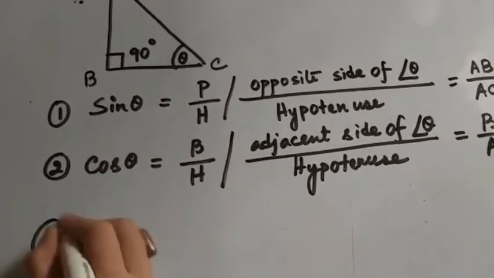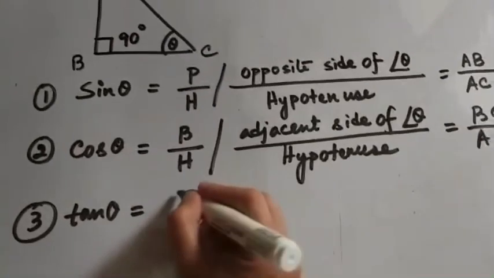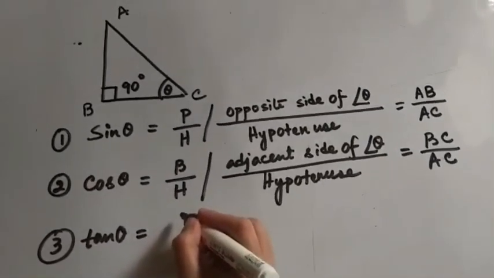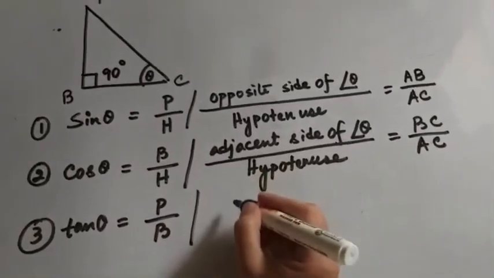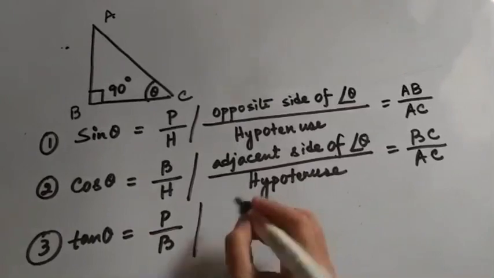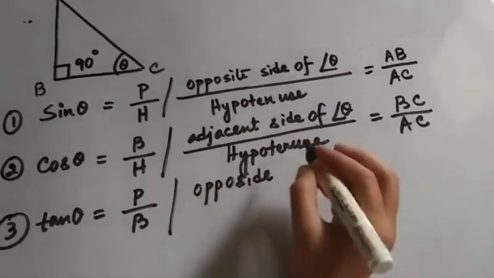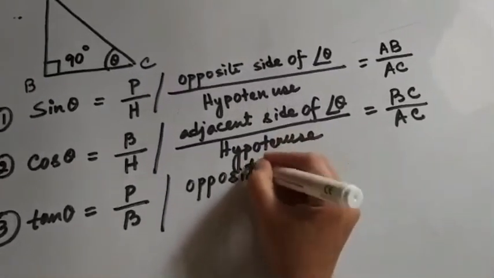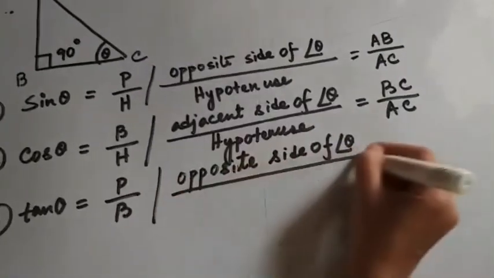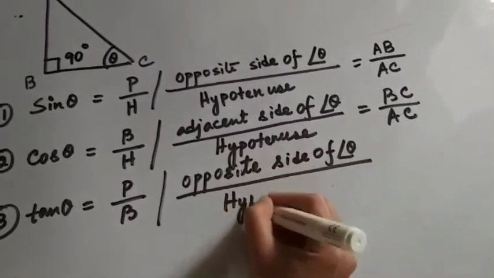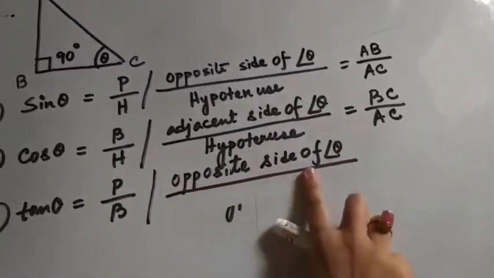Number 3, tan theta. It will be perpendicular by base. That means perpendicular will be opposite side of angle theta divided by, sorry, not hypotenuse.